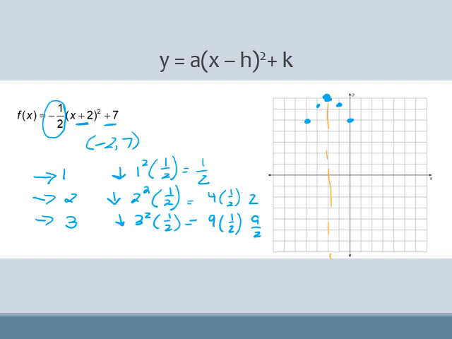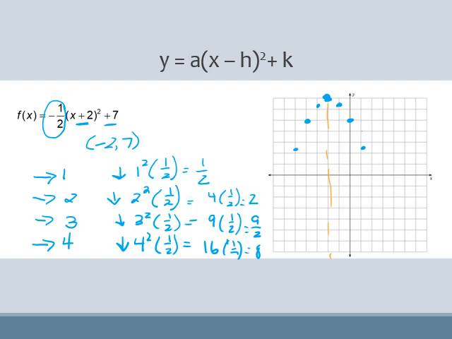So over 3 and down 4.5, halfway between. And I can even take it further out because we got room on this graph. If I go over 4, I'm going to go down 4 squared times 1/2, or 16 times 1/2, or 8.